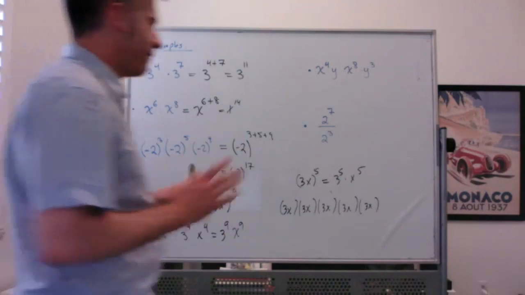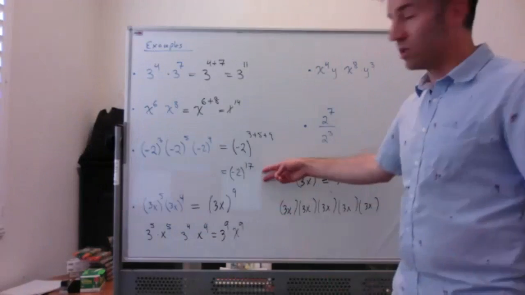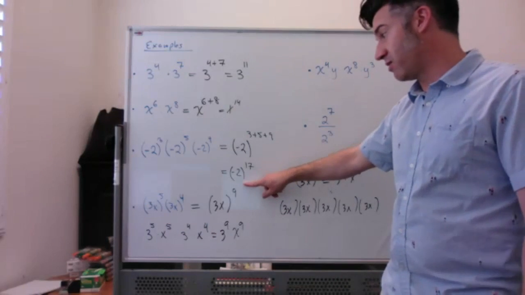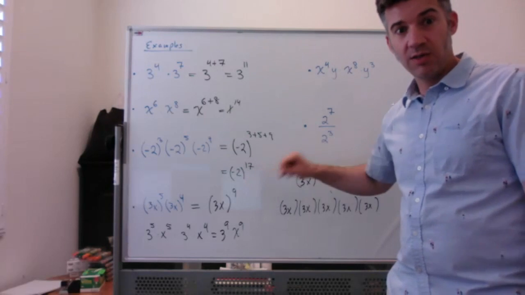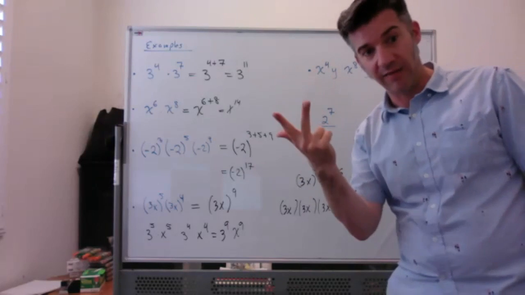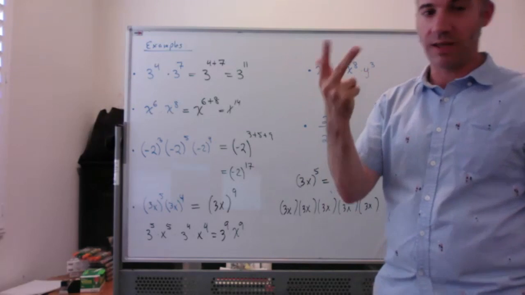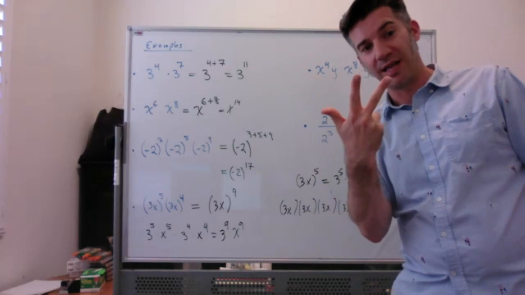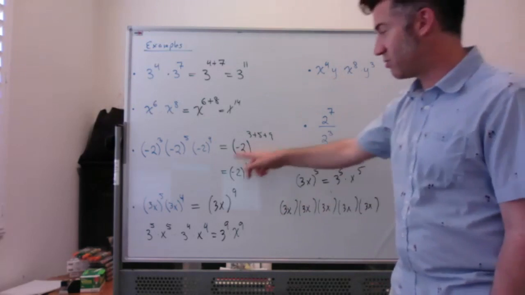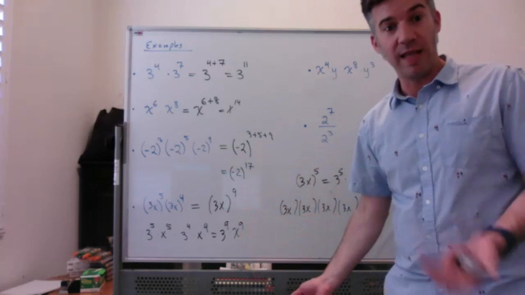So this one would not be positive because it's a negative number to an odd power. A negative times a negative is positive, times a negative is negative. An odd number of negatives is negative, and an even number is positive. Since this is raised to an odd power, you would end up with a negative result.